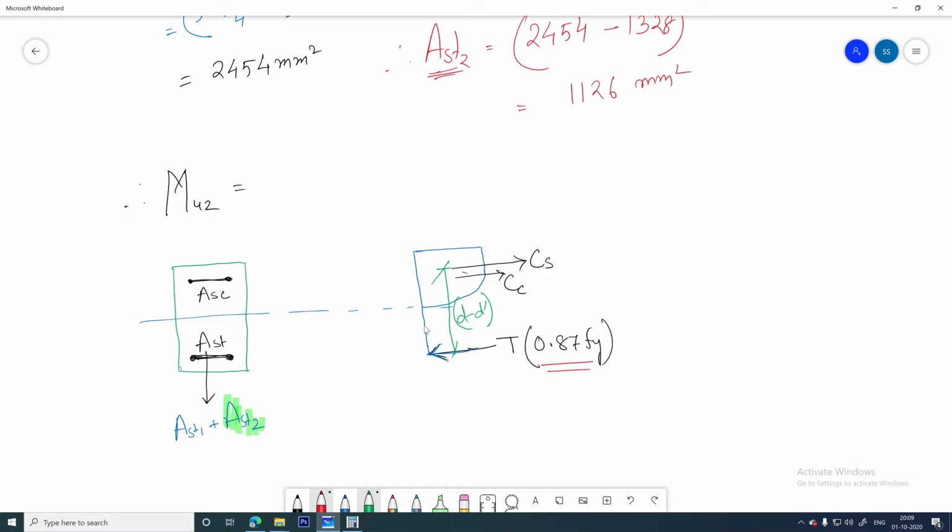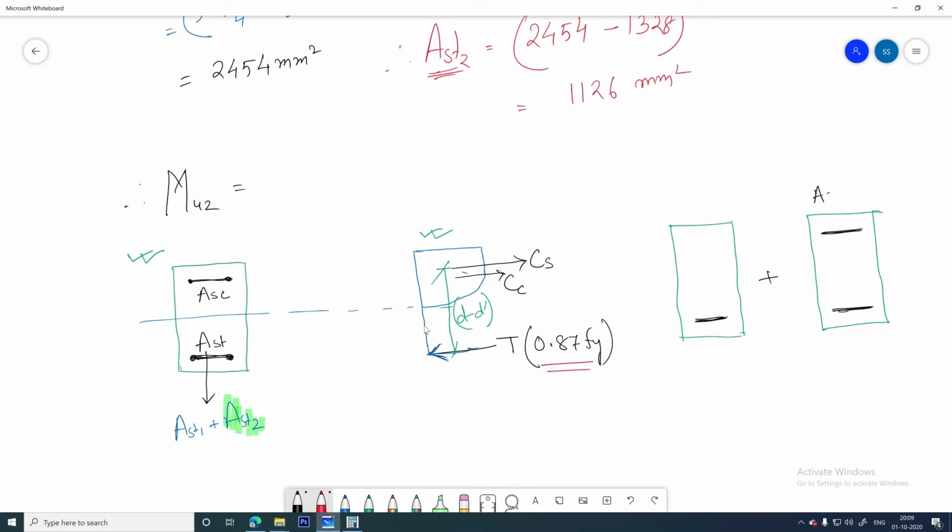Repeating once again, this is the doubly reinforced beam section, this is the stress block diagram. So you can represent this doubly reinforced beam in two parts. First one is this one, and second one suppose this one. In the first one we have only AST1, and in the second one we have AST2. Where you have AST2, you have the ASC as well.